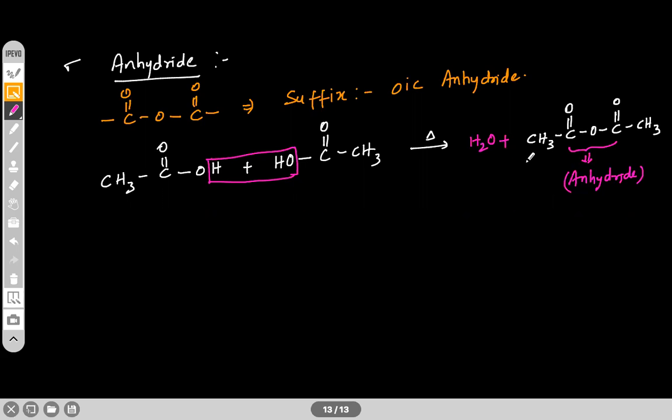Now the name of this compound is what? Since you see here, what is the name of this compound? Could you tell me? Guys, ester we haven't done. Just a second. I think we have done ester, no?